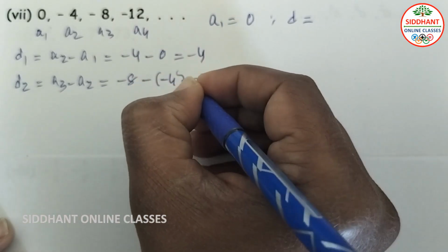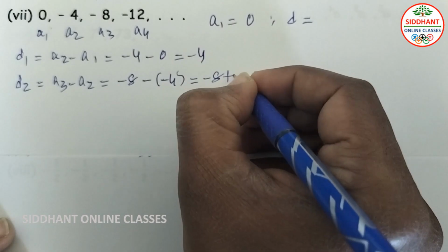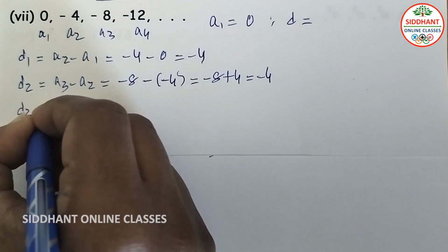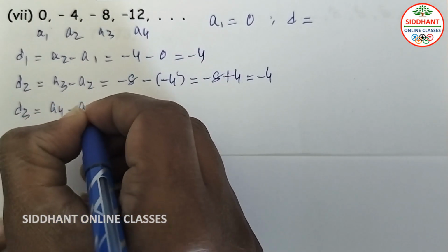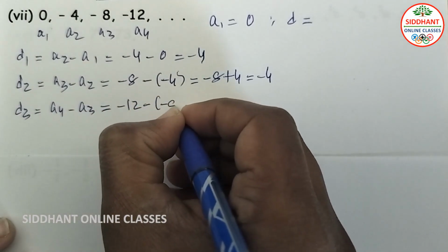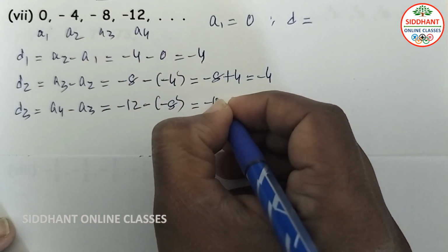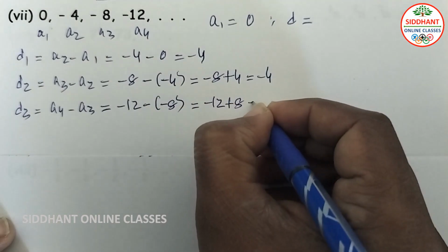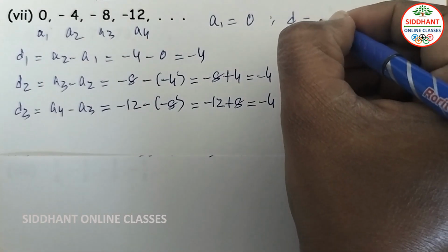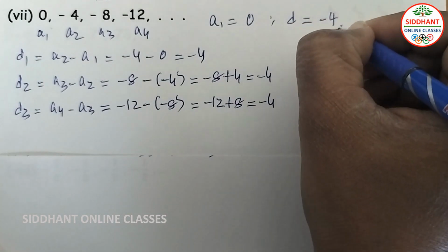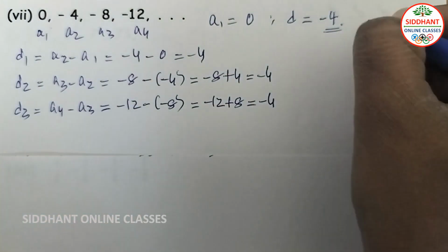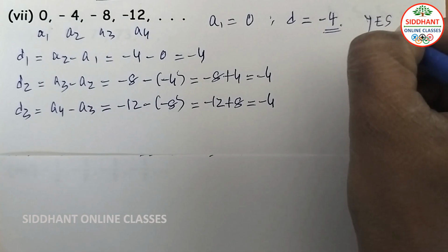That means minus 8 plus 4 that equals minus 4 here. D3, when you are going to say a4 minus a3, that equals minus 12 minus of minus 8, that equals minus 12 plus 8, that equals minus 4 here. So here d is common, which is minus 4 here. So the common difference exists, yes, it is an arithmetic progression.